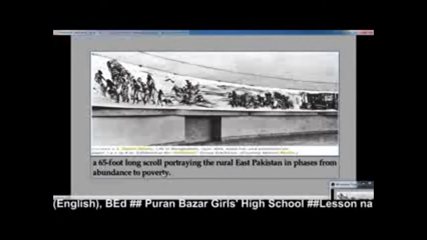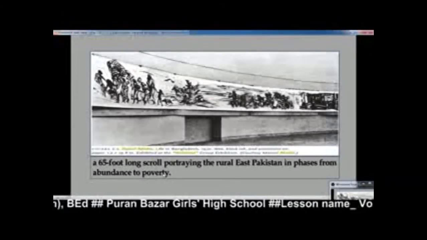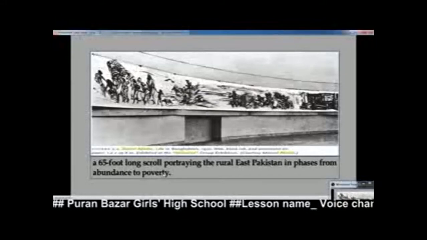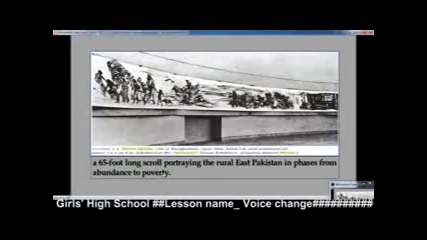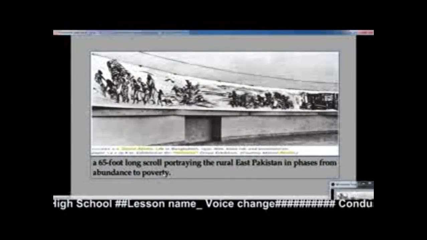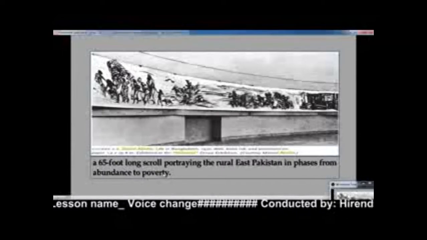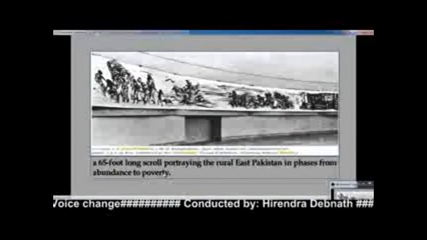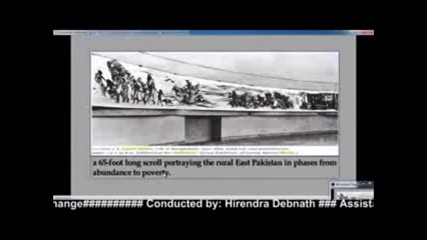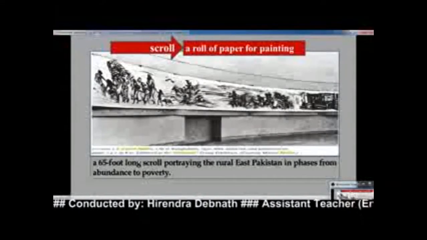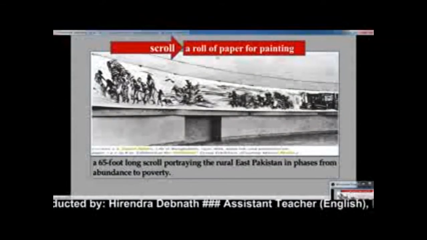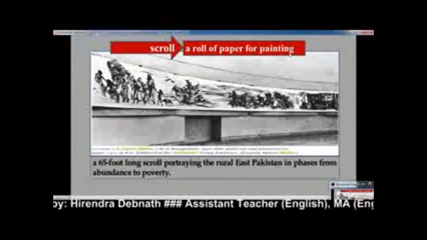In this 65-foot long scroll, he narrated the rural East Pakistan in several phases, and he also showed how we became poor from rich. Scroll means a roll of paper for painting.